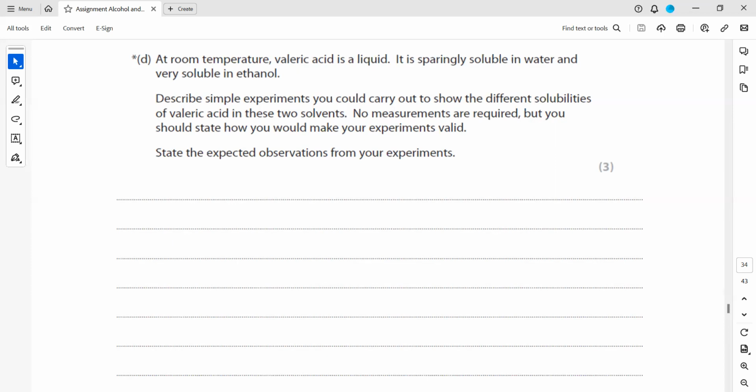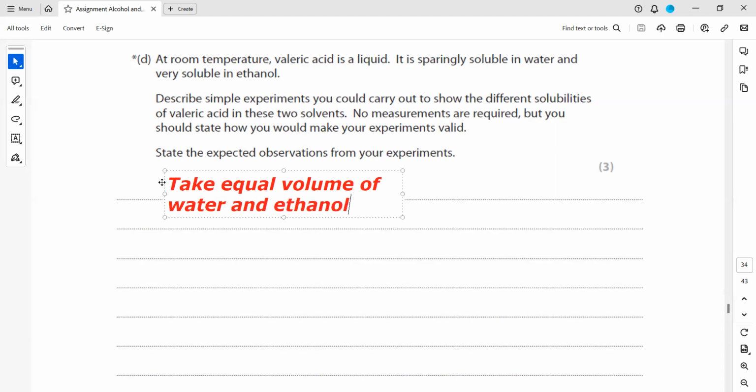So a simple way, without any calculation, to demonstrate this: we'll take equal volumes of water and ethanol. Then we will add an equal volume of valeric acid, because two liquids are there.